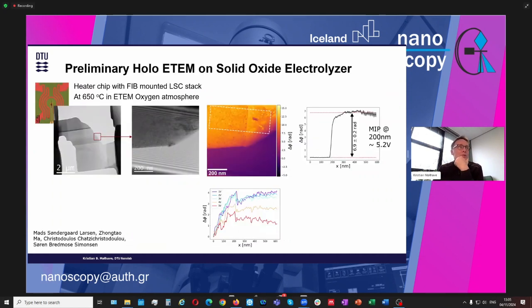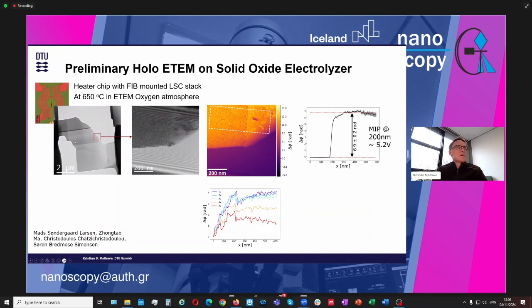And now you were discussing previously things that were dry and hot in an environmental TEM. And we also have one of those here. And one of the things we're trying to do now is to combine work that some people here at D2 Energy is doing on solid oxide electrolyzers.